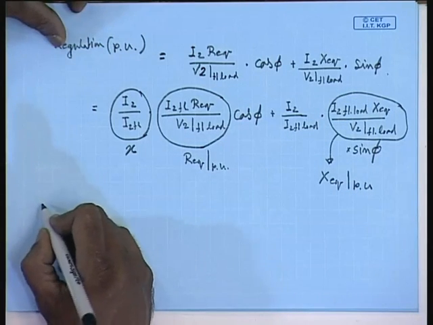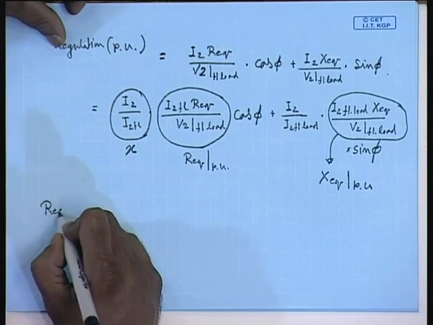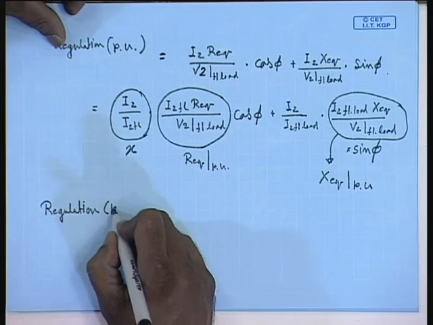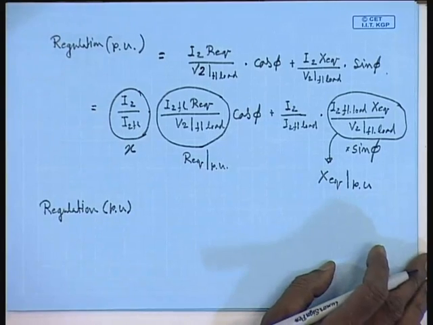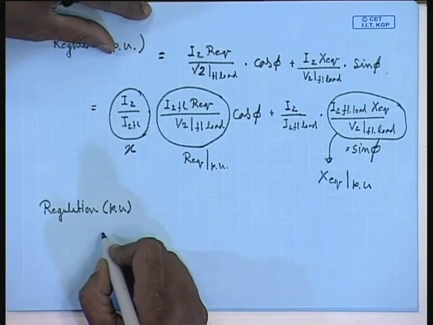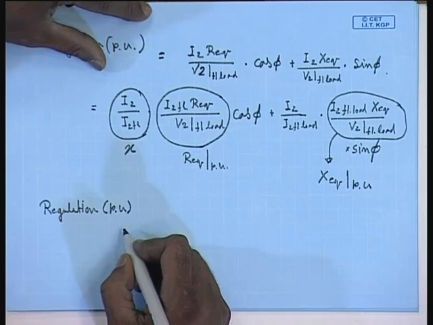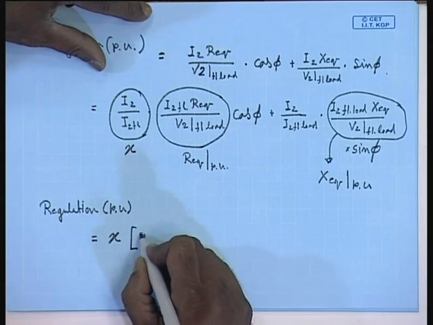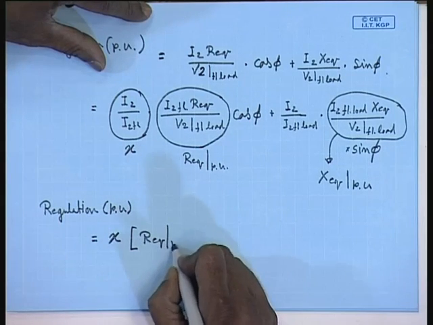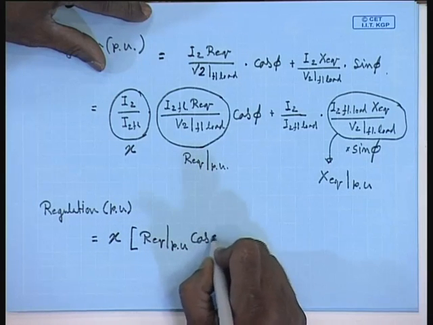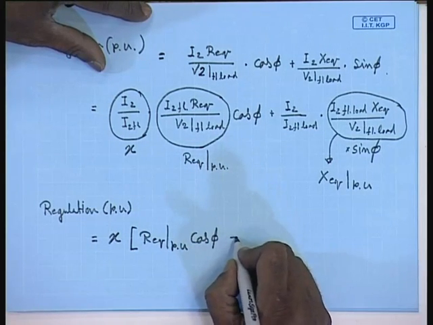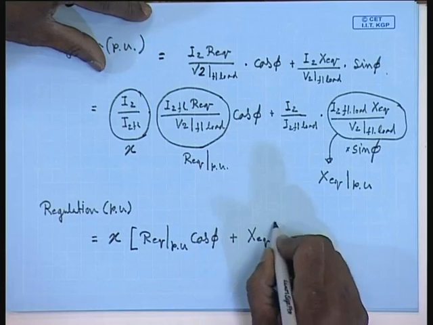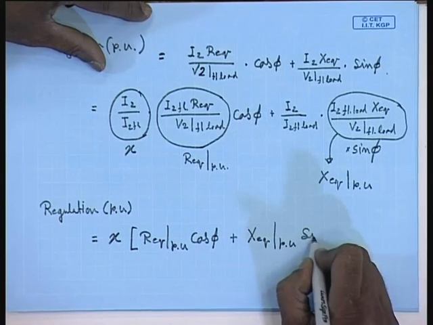Hence, the per unit regulation at any fractional loading x can be written as x into (Req per unit cos phi plus Xeq per unit sin phi).